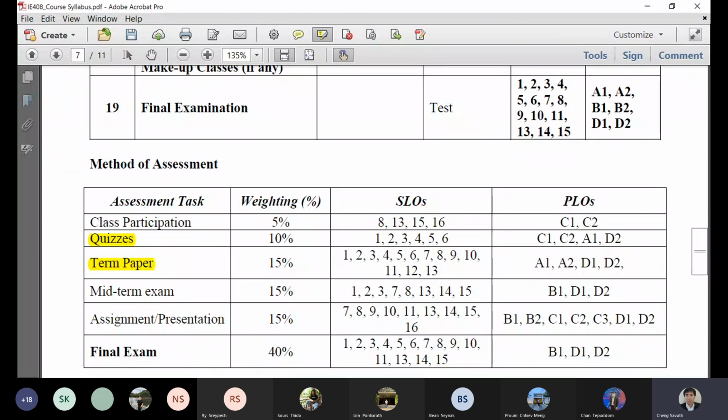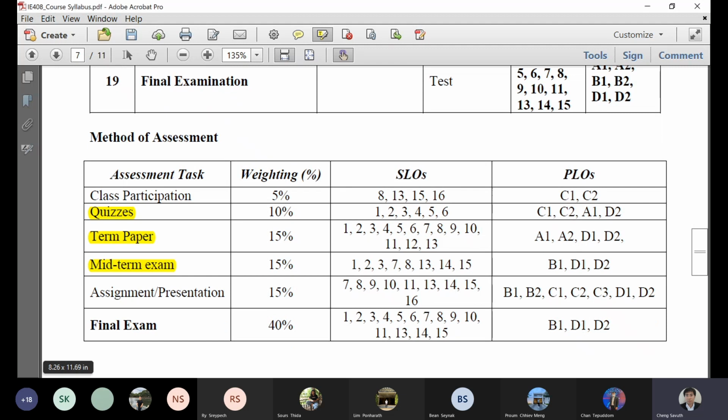I don't know why, I have given a lot of time, but still not many people are writing it, okay. And we have the midterm, which is about 15%, okay. I will actually have a review for you, so you can become very well prepared, okay, before you take the actual midterm exam. And we have the group presentation as we did in the previous semester.